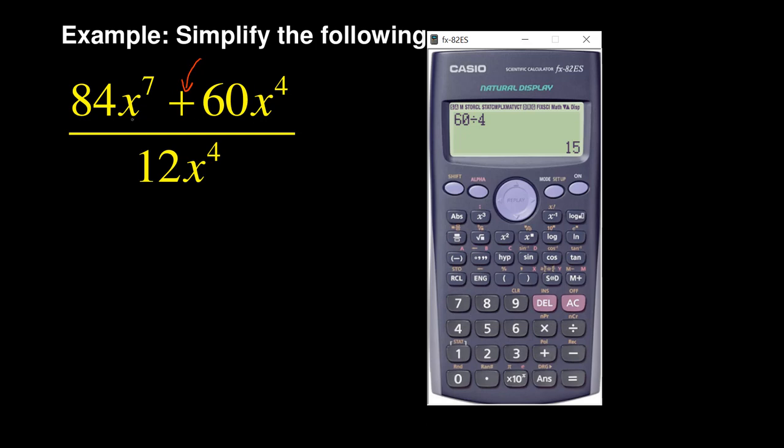You try 5. 5 automatically is out because 84 divided by 5 leaves a remainder. The moment there is a remainder like this, it means that it is not a factor. You try 6. 84 divided by 6 is 14. And then 60 divided by 6. So 6 can do. You try 7. 84 divided by 7 is 12, and then 60 divided by 7, you can see that 7 cannot do.